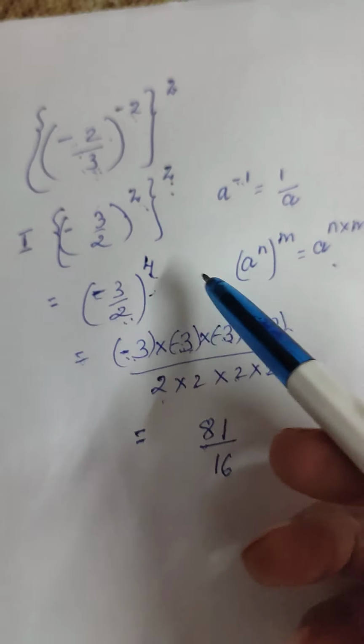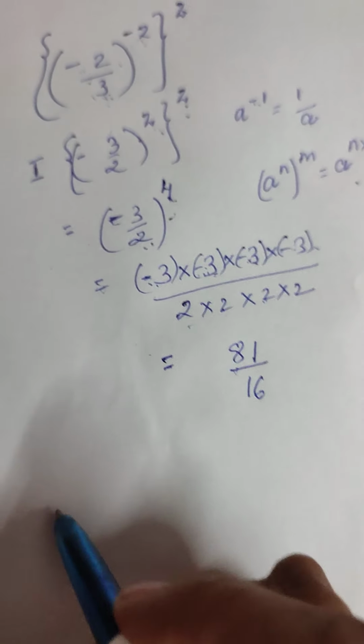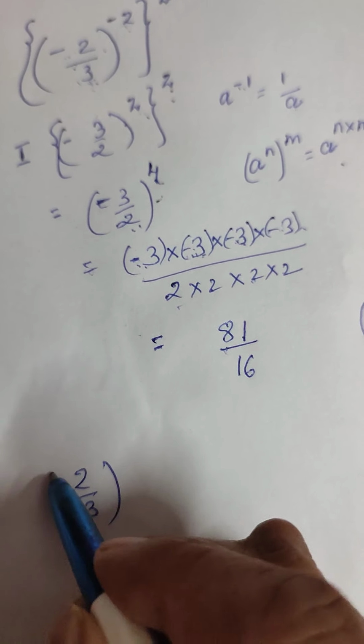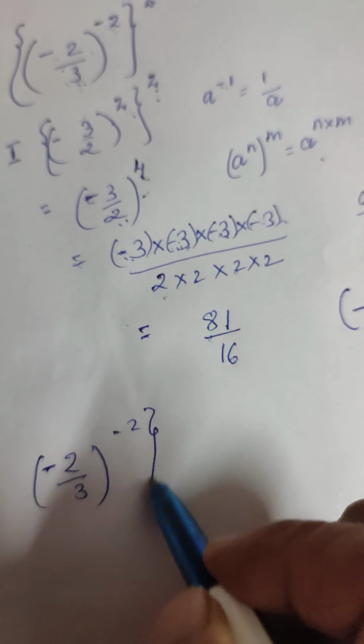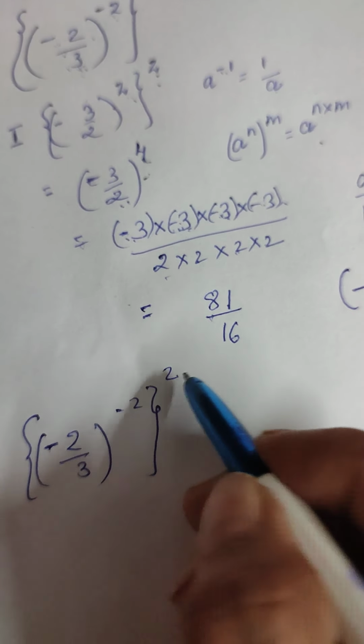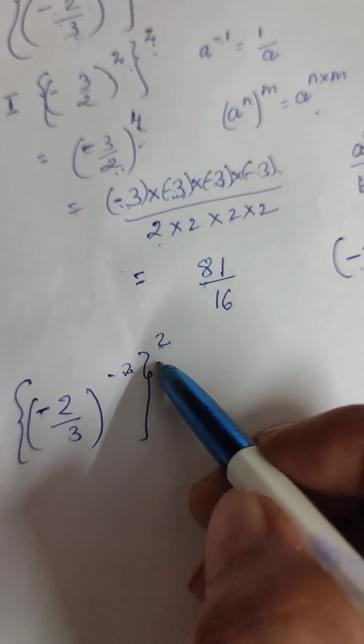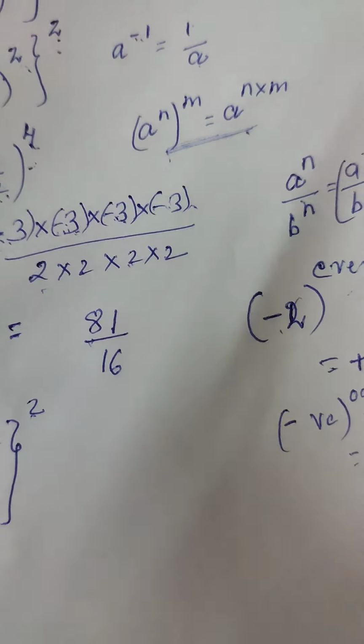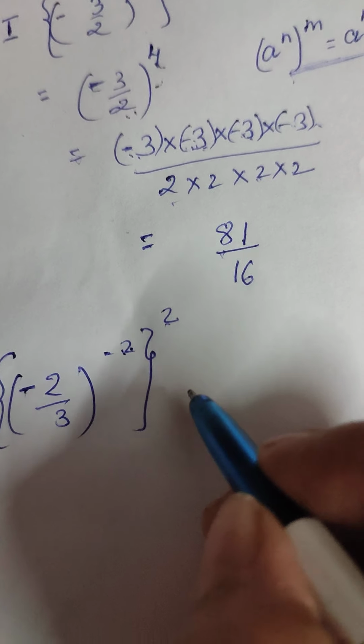Now another way which I am telling you that can be used to solve it: (-2/3)^(-2) and then the whole power 2. So here directly we can use this law. Yes, we can use that law first.